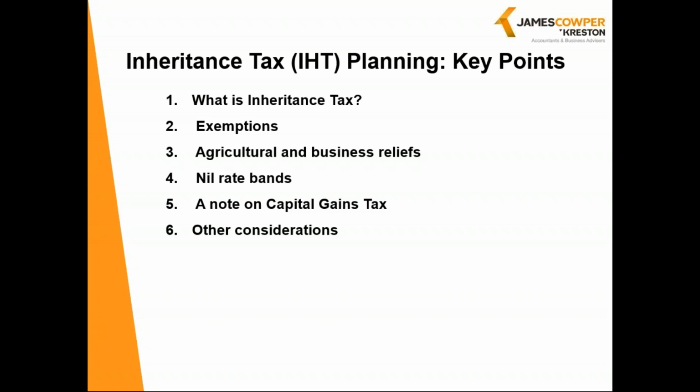For a gift to be exempt as normal expenditure out of income, it must, as you might imagine, form part of the individual's normal expenditure out of their net of tax income, i.e. there needs to be a pattern, while still leaving that individual with sufficient income to maintain his or her standard of living.